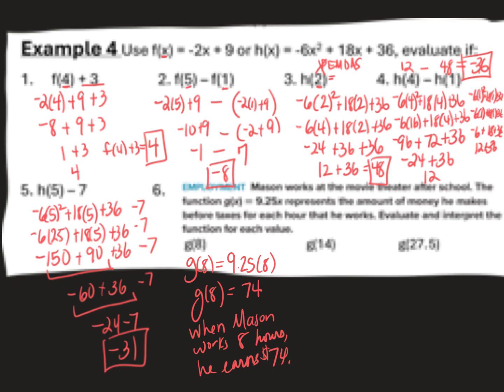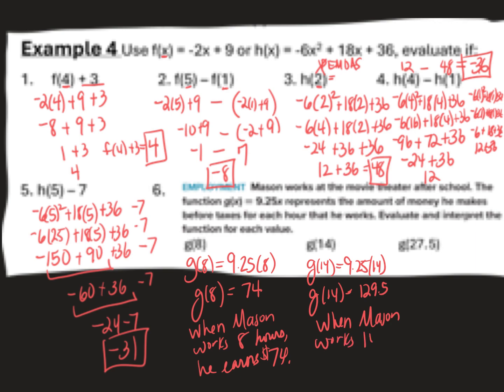G of 14. So g of 14 is going to be 9.25 times 14. 9.25 times 14 is 129.5. When Mason works 14 hours, he should get paid overtime, don't you think?